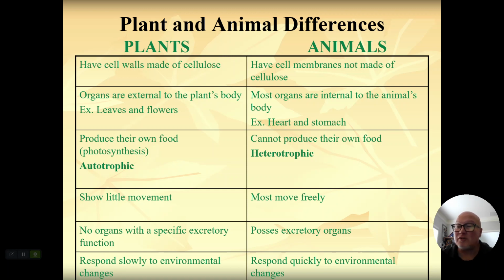Same thing would be true for fungi. Plants do move, but they don't move a great deal, though some move a whole lot more than you might think. Most animals are freely moving, but remember there are several animals referred to as sessile, meaning they don't move.